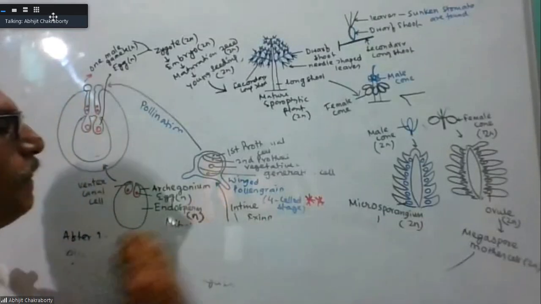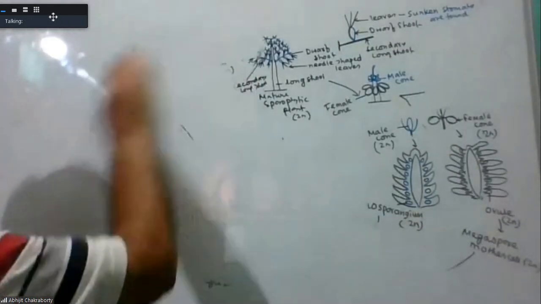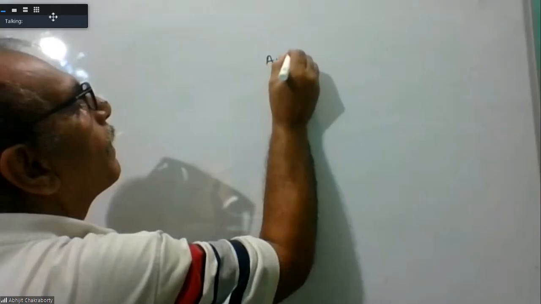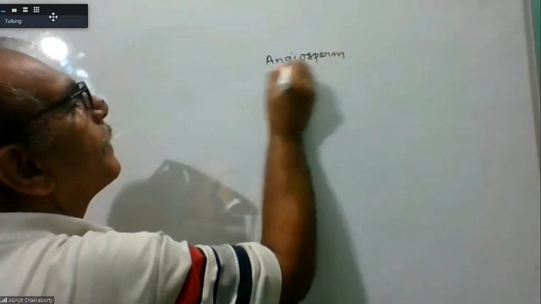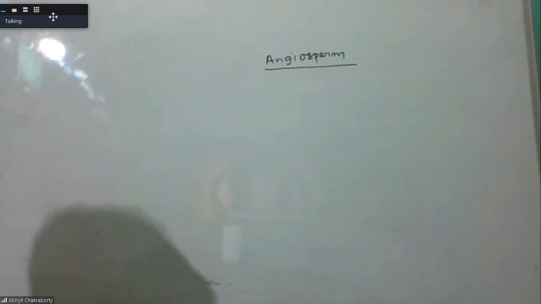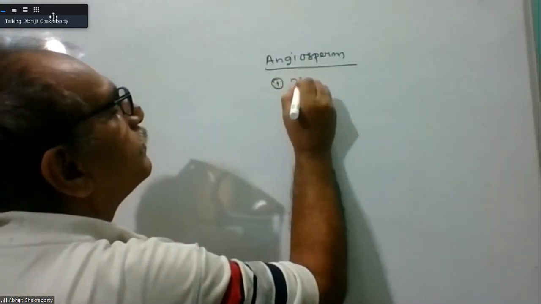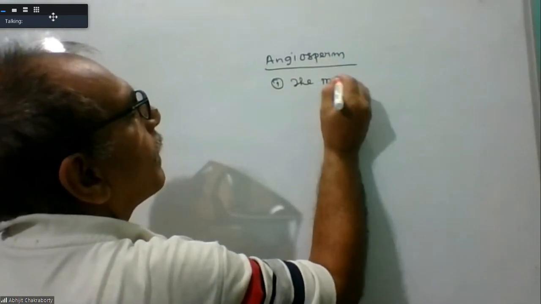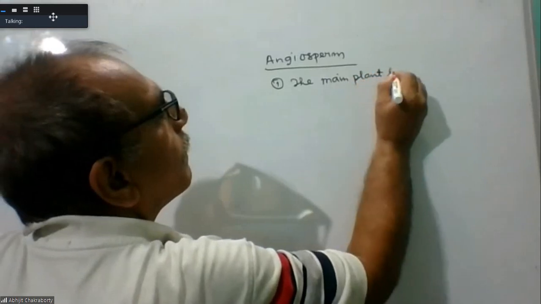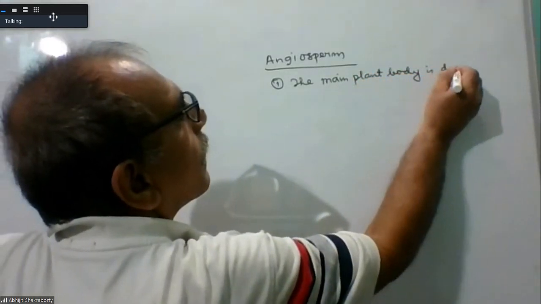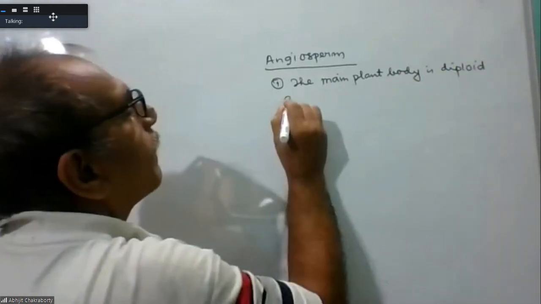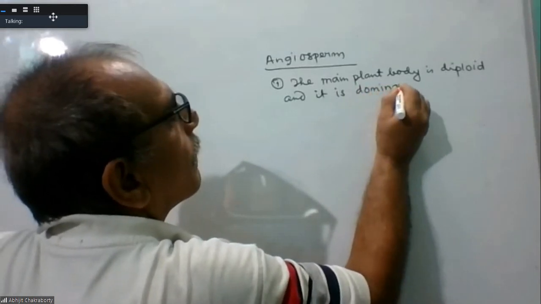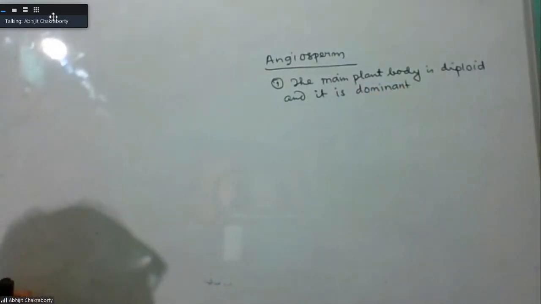Angiosperms. Basic features, same. The main plant body is diploid and it is dominant.